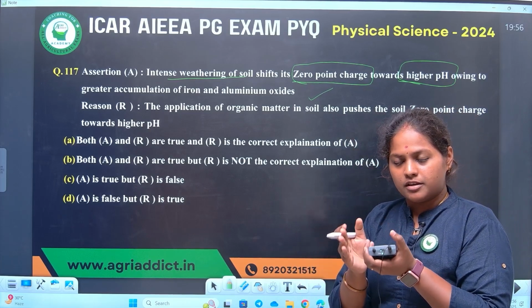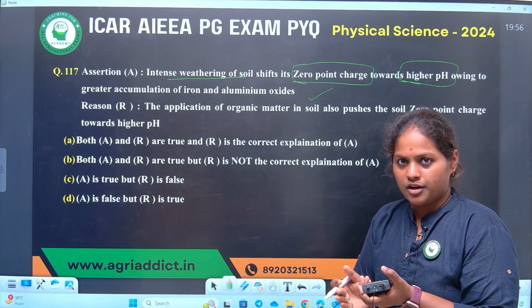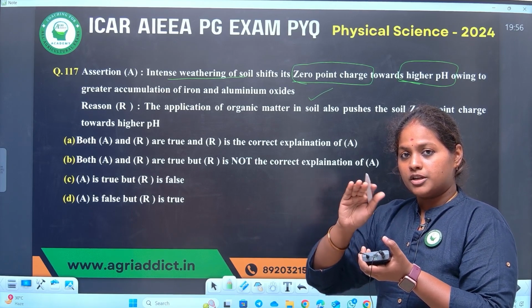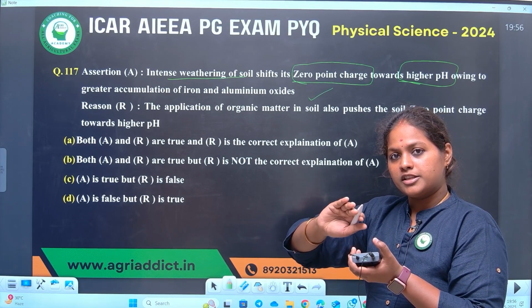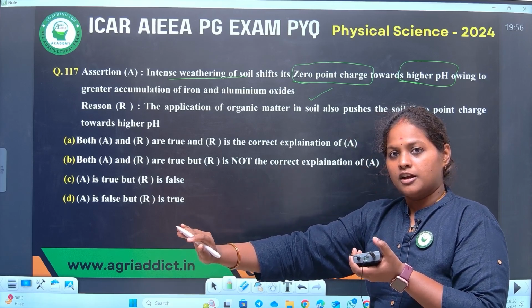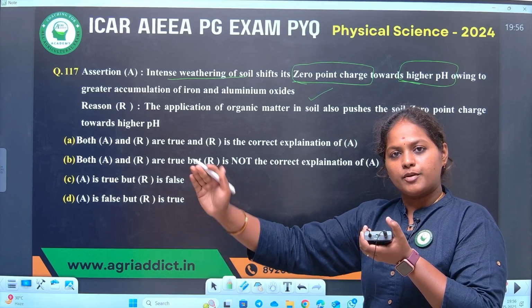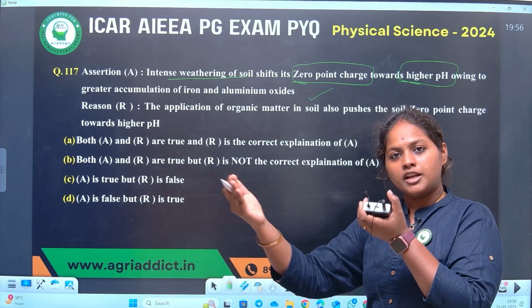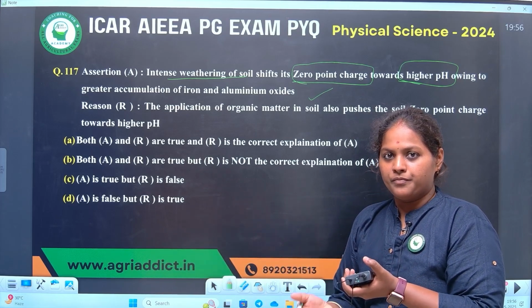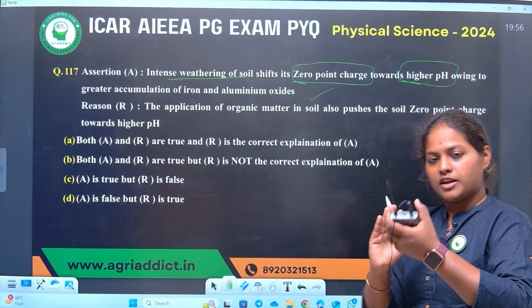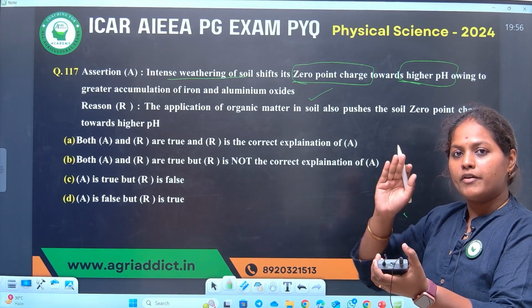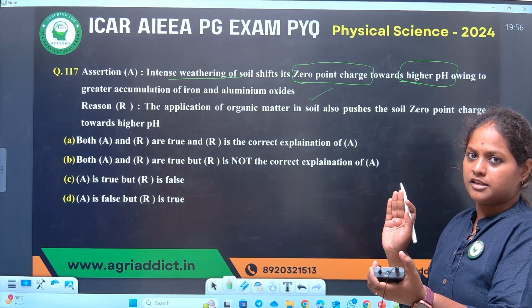So the soil in the system is acidic already. So the 0-point charge will move away to higher pH so that this acidity will be balanced by the higher pH. Together it will give the neutral pH to the system. This ZPC is nothing but whatever action is happening, it will move away from it so as to balance it. It is as simple as that.